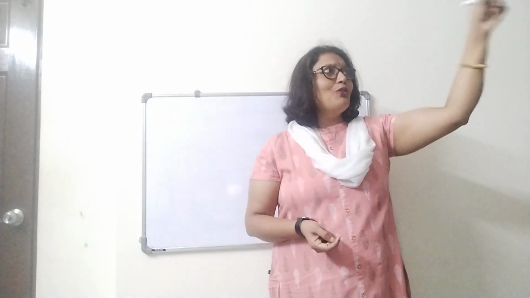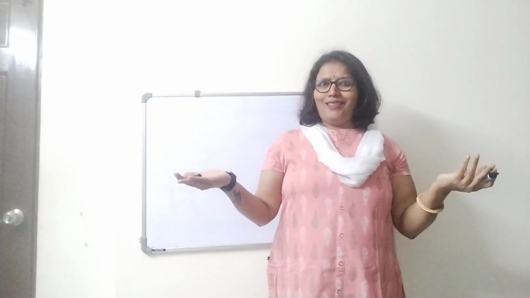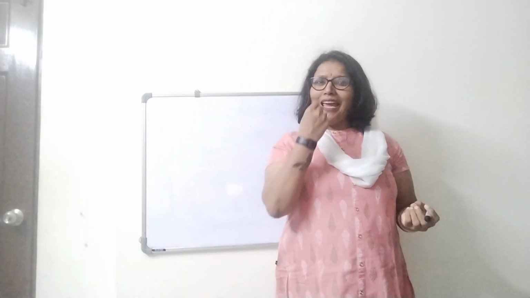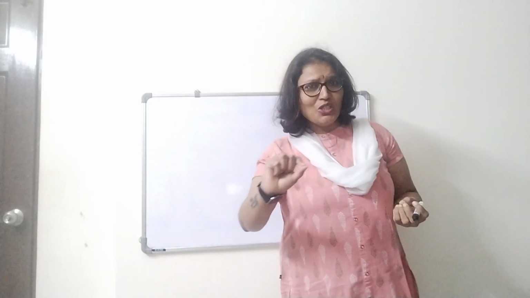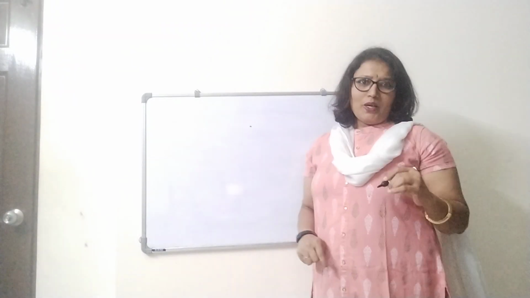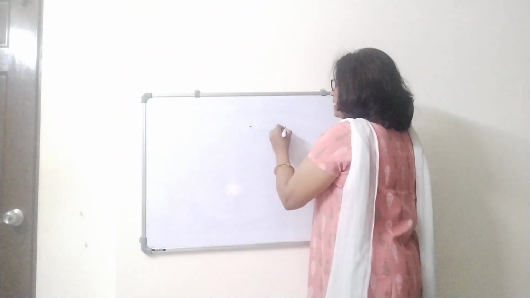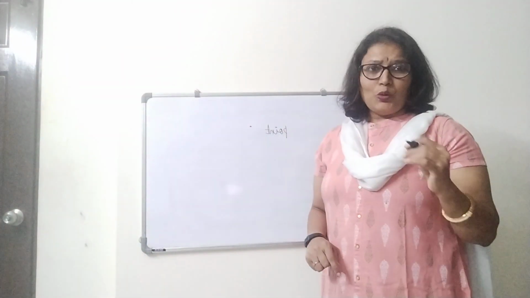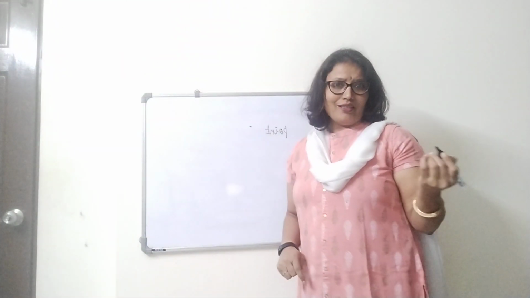So anywhere if you put a dot that we can't see, that is not a point. A point means which has the exact location or position. It is called a point, or it is also called a dot. This point is denoted with capital letters.